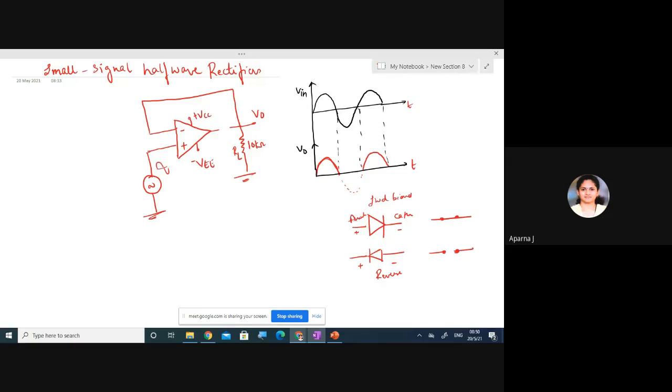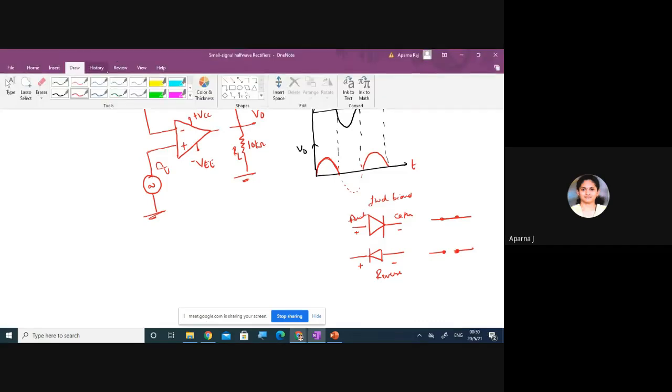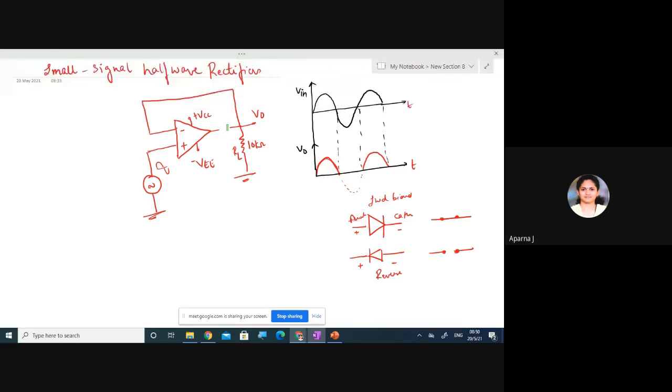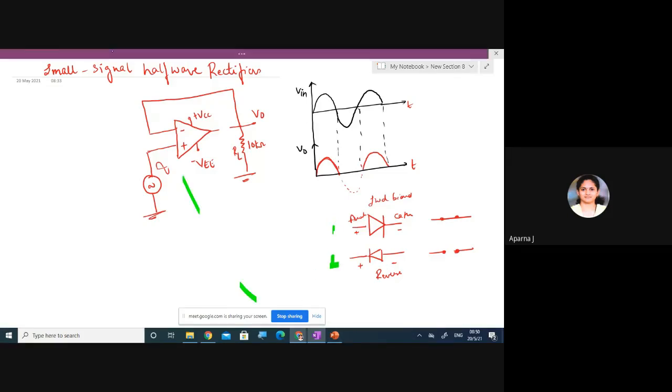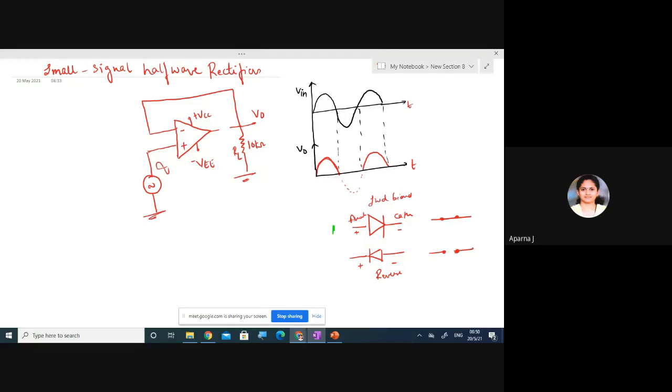So how should the diode connection be so that I obtain only positive cycles? I need to connect the diode at this position. So whether I should use the first one or the second one. This is the first one and this is the second one. Any answers you have?